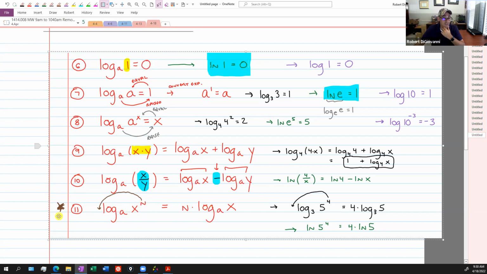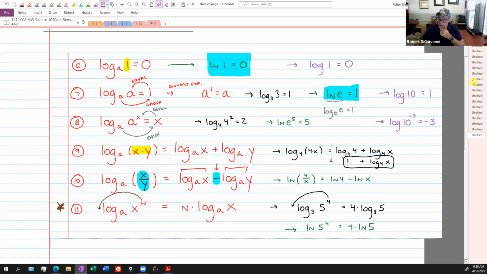And I put a star next to it, Dominic, because I keep telling y'all how important this stuff is in calculus, right? I mean, we use this property all the time in calculus. Yeah, it's real important.